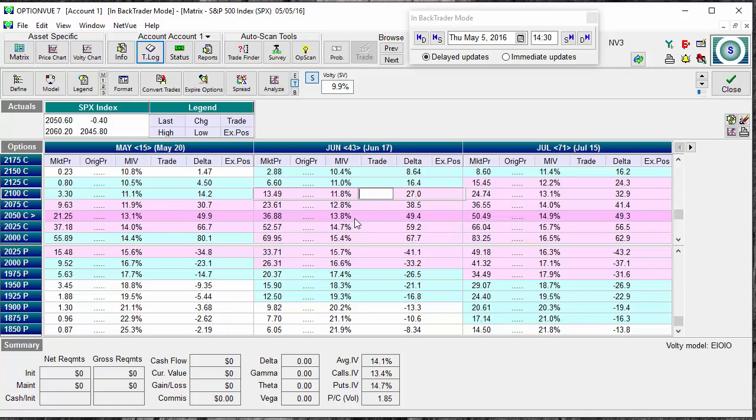So as far as an ideal price to trade your calendars, that's going to return back to talking about skew.